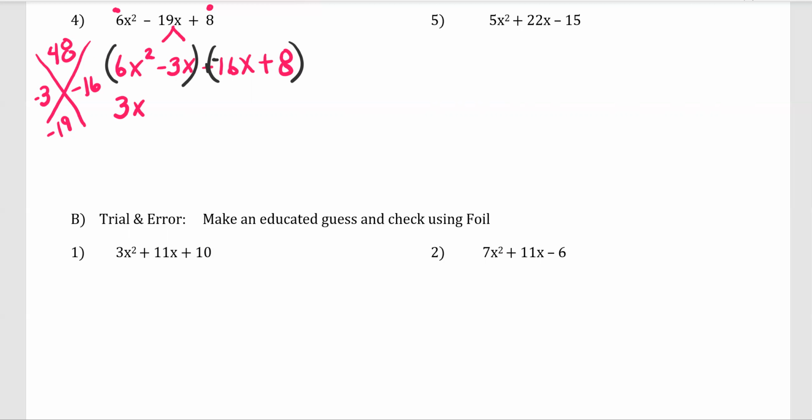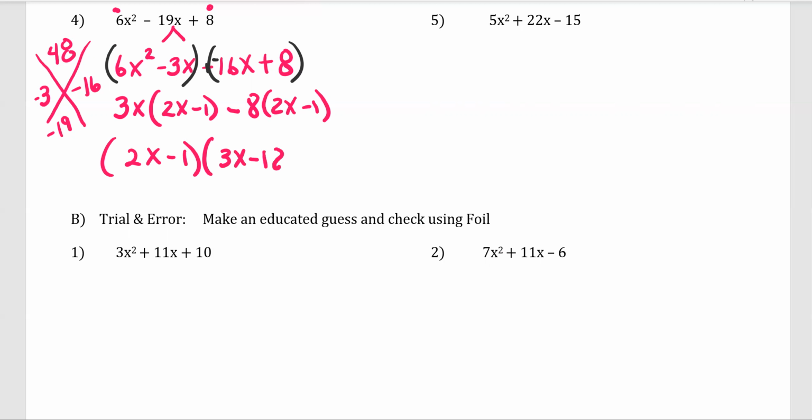Take out our greatest common factor. And then check to make sure it multiplies to give you the original.